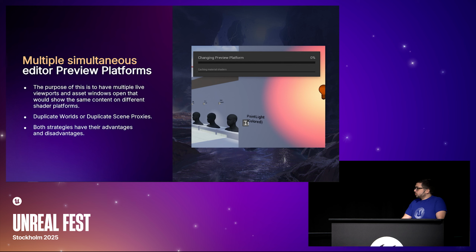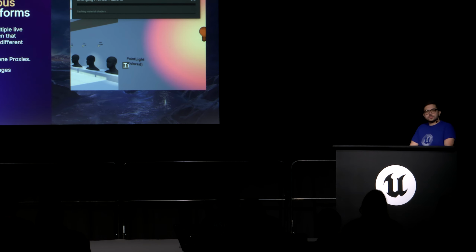So two solutions, tactics are duplicate worlds or duplicate scene proxies. The duplicate world, I found the engine really doesn't like that. So that's kind of in the backlog. But the duplicate scene proxies is something that we're working on right now. The challenge with that is a bit like the first one in our improvements, that we don't want it easily breakable.